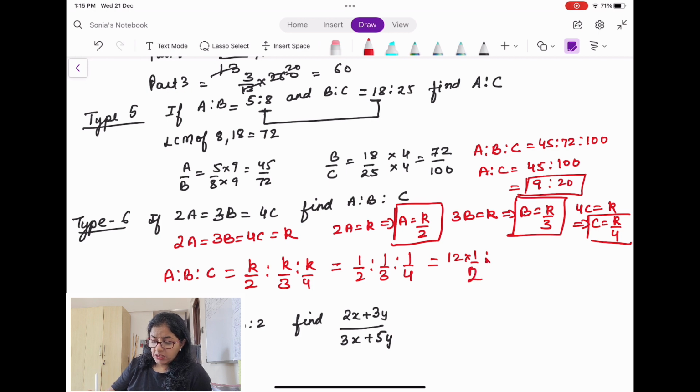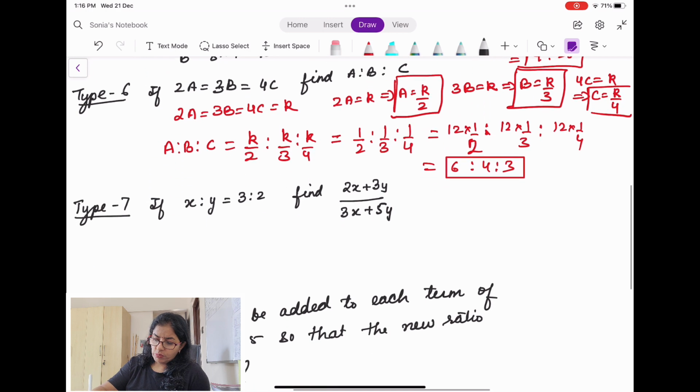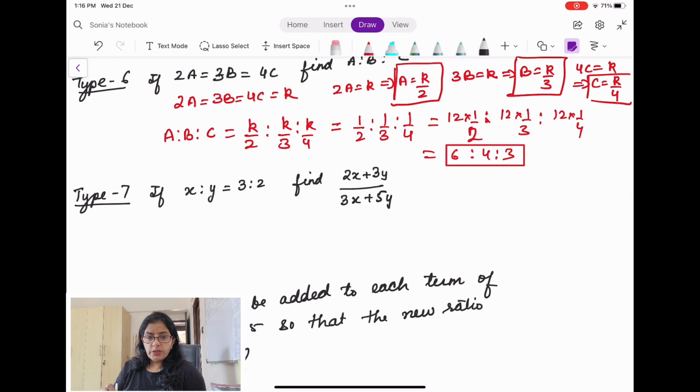Multiply by the LCM of 2, 3, 4. So multiplying by 12, we get 6 is to 4 is to 3. That's the answer. Now, we have got the value of a is to b is to c. So, you understand? The question is same, but it is put in a different method. This is a little complicated question.